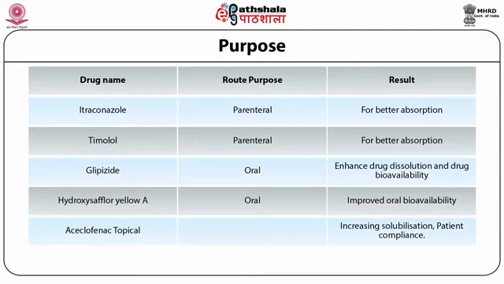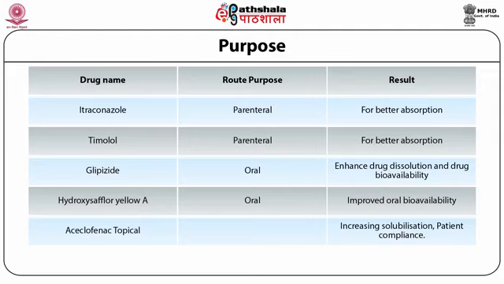In other examples, microemulsion based drug delivery systems are also suitable for better absorption, enhanced drug dissolution and drug bioavailability. For example, it helps in increasing the bioavailability of glipizide when given by the oral route.